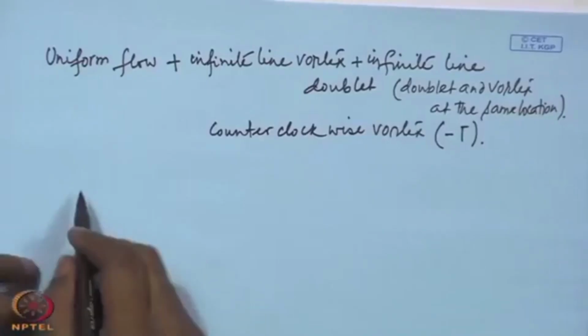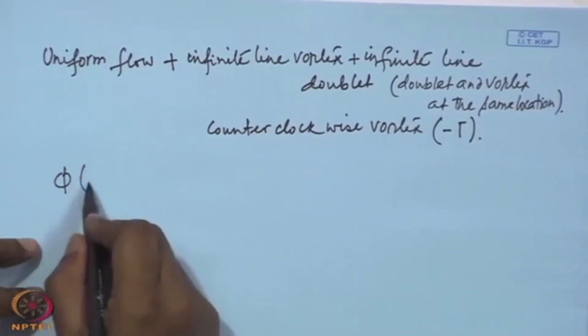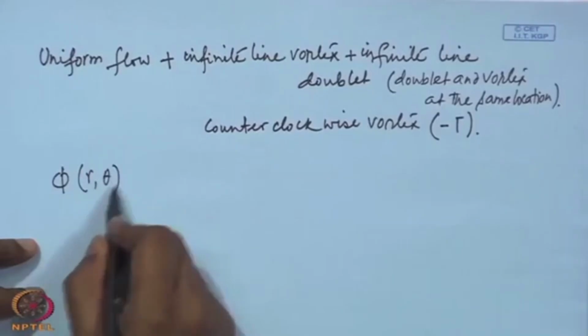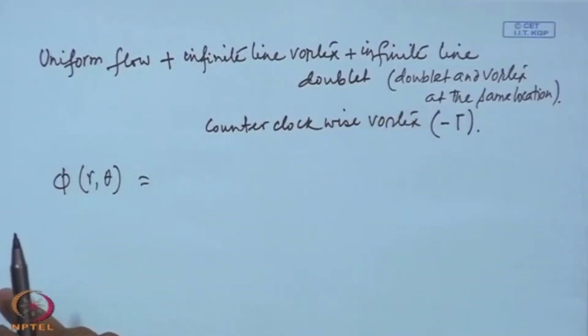In addition to that, we now have an infinite line vortex. So the potential function, as before, we can write phi of r, theta. Uniform flow plus infinite line doublet, how much was that?